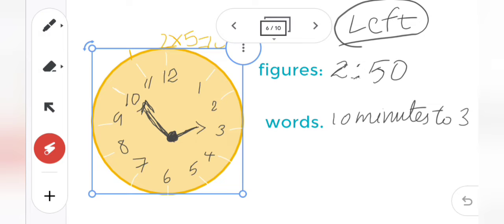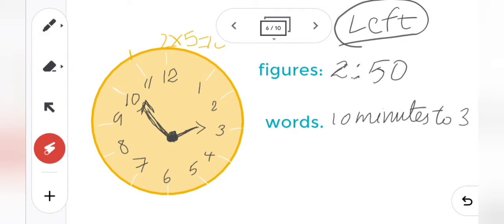Here you have to see how many minutes are left. It has to reach 12. Now it is on 10. To reach 12, how many numbers does it have to go? 11, and again 12. So 2 numbers it has to go. Between numbers, how many minutes are there? Here 5 minutes and here 5 minutes.